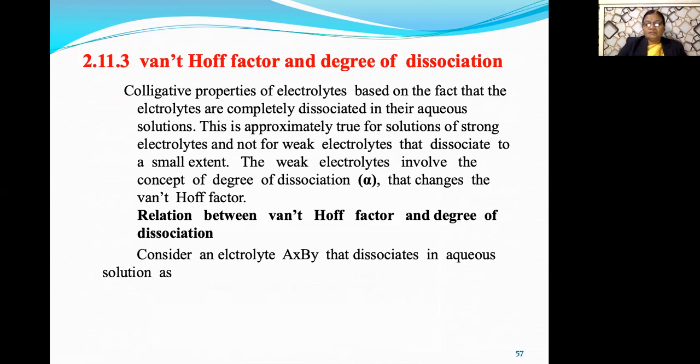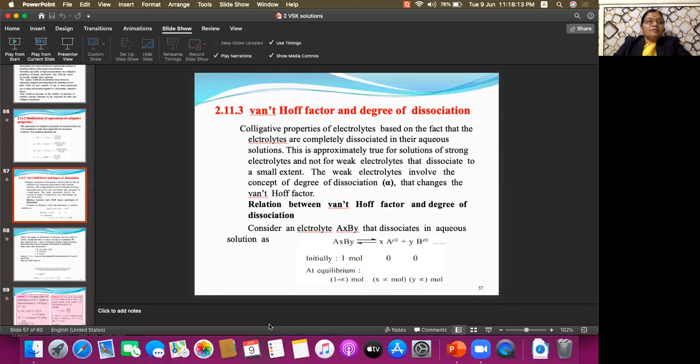Now, before discussing this Van't Hoff factor i and degree of dissociation relation, let us see one MCQ which is based on Van't Hoff factor i.